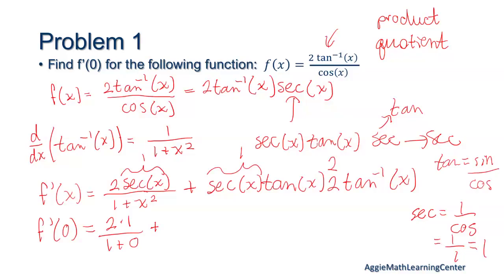Yeah, 0, because sine of 0. Sine is the y, right? So then if this guy's 0, then let's not worry about what this is, because this 0 is just going to drag everything down. So it'll just be plus 0, which is equal to 2. Okay. Any questions?